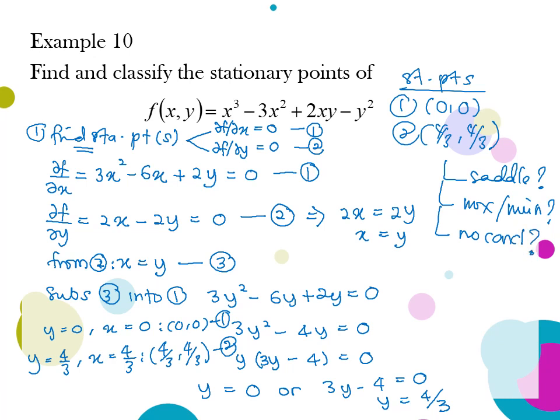So these two fall in which category, which type? We need to test this. So we need to proceed to step 2, which is finding or calculating the Hessian.